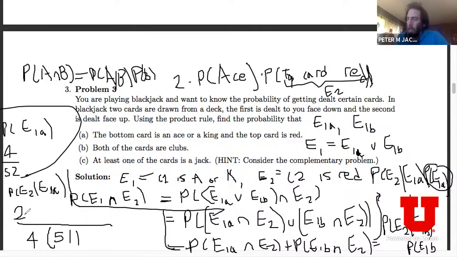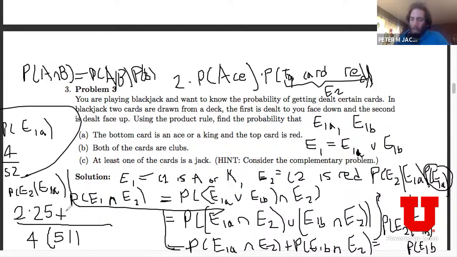If the ace that we chose was a red ace, and that can happen in 2 different ways, then in order to choose a red card, there would only be 25 remaining red cards. So that's one way in which we can end up getting a red card.